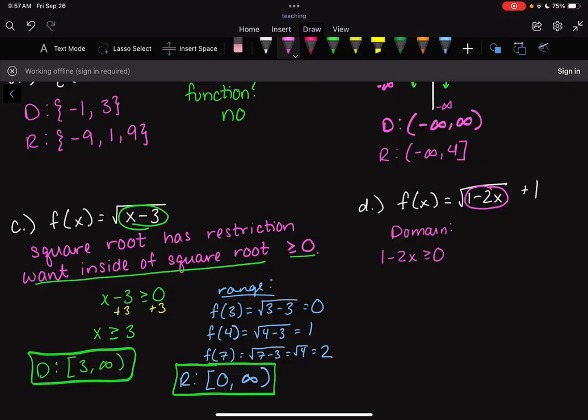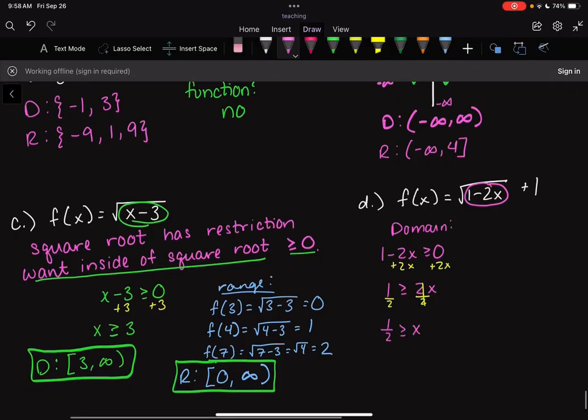And so I'm going to solve this inequality. So let's add the 2x to both sides. That way we can just make that positive. So I get 1 greater than or equal to 2x. I would divide by 2, and I get 1/2 greater than or equal to x.